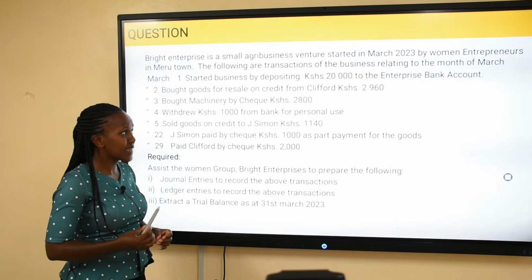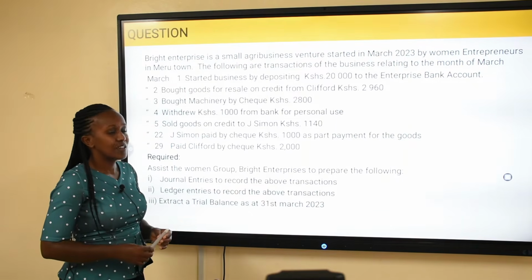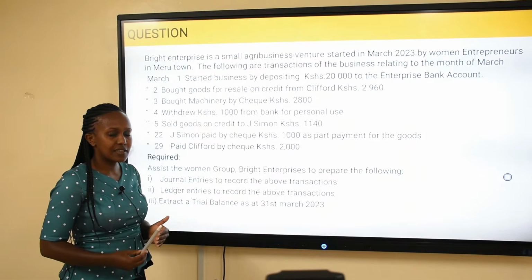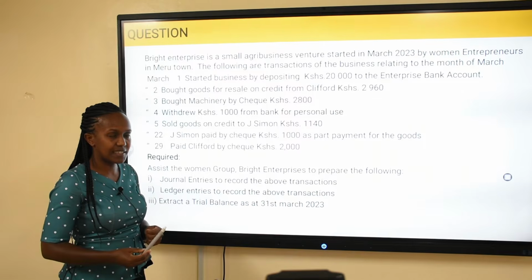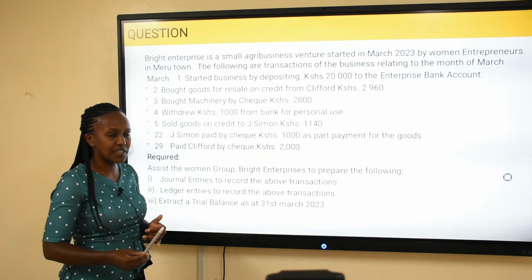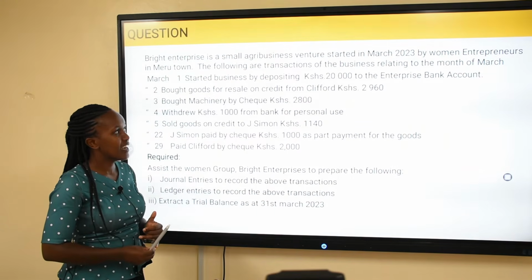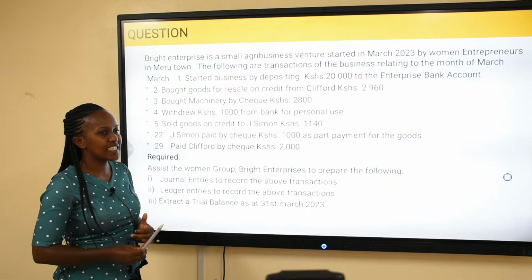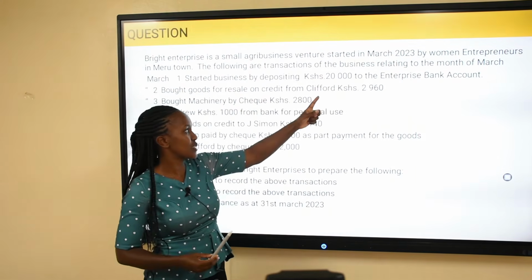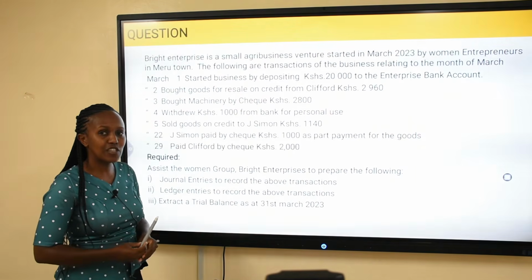So, again here, when we buy goods for resale, the account that we use is purchases. So, the first account here being affected is purchases. Then the other account being affected is Clifford account. And here, Clifford is a creditor.